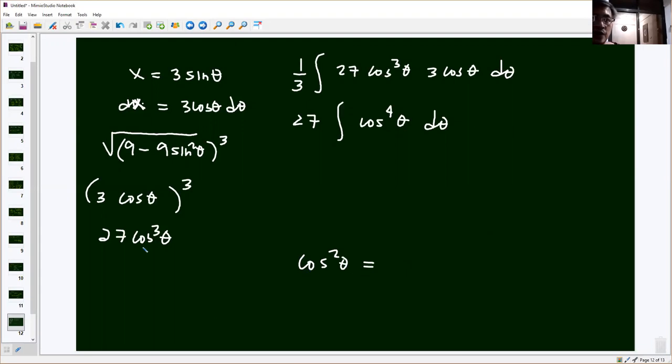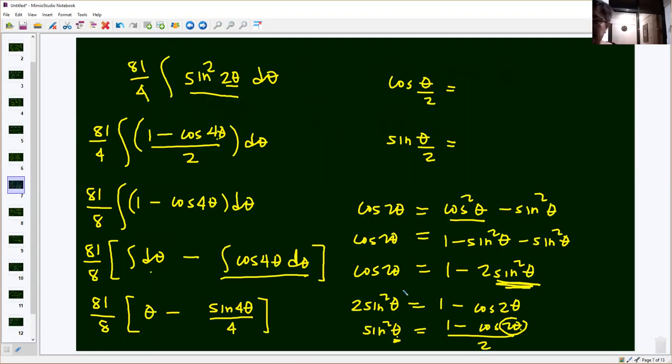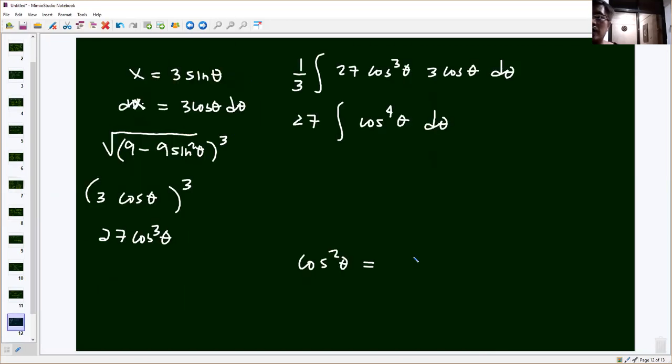Cos squared is what? Yan na naman yung trigo, kakainis talagang trigo eh. Here: 2 cos squared minus 1. So, cos squared is 1 plus cosine 2 theta over 2.